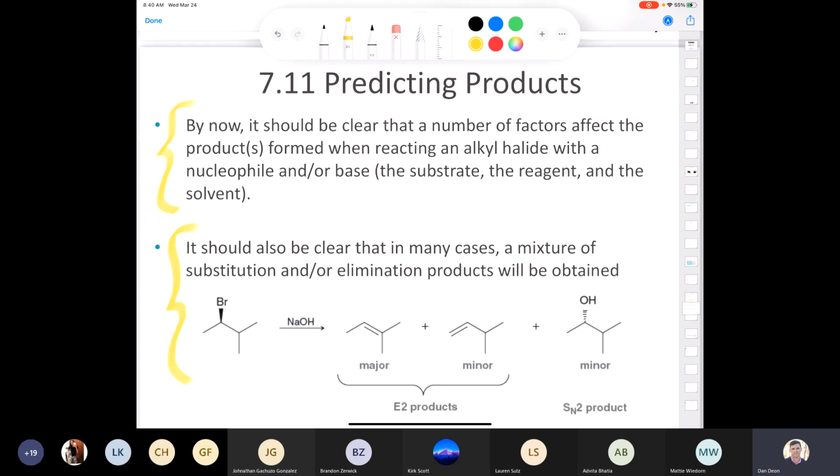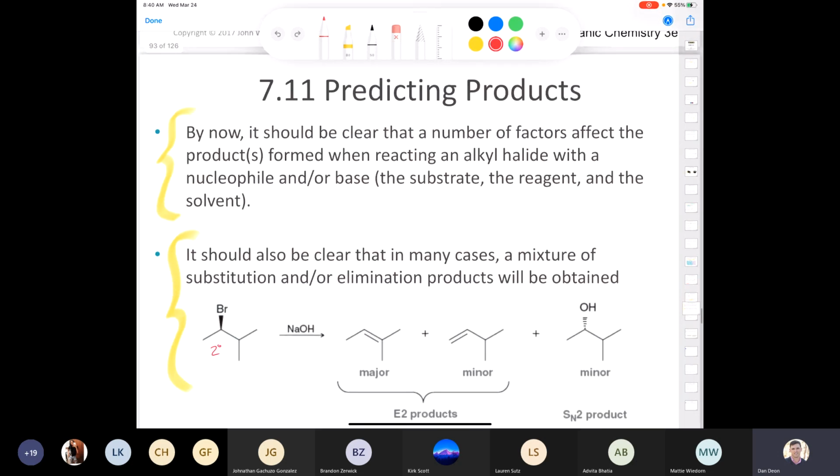You end up with a soup, okay? So in this case, we're taking a secondary alkyl halide. It's chiral. We're getting some E2 products from the elimination, and we're also ending up with some SN2 product that results by an inversion of configuration. So all kinds of different things are going on, things that you've got to be aware of.